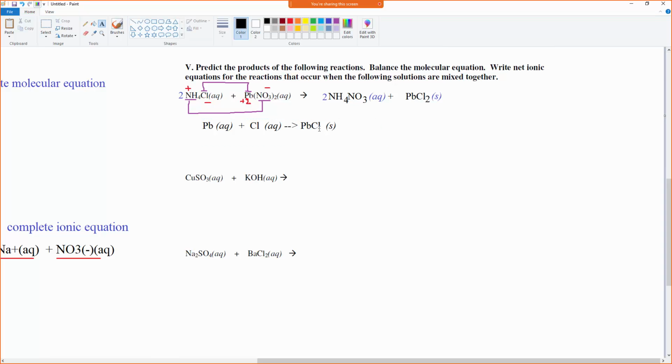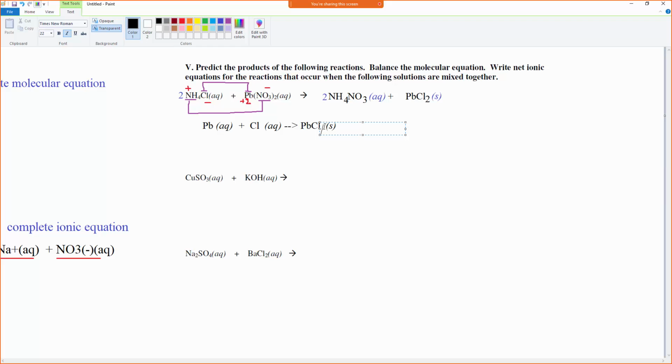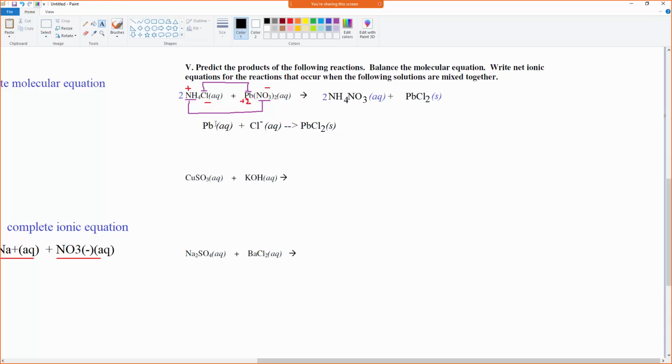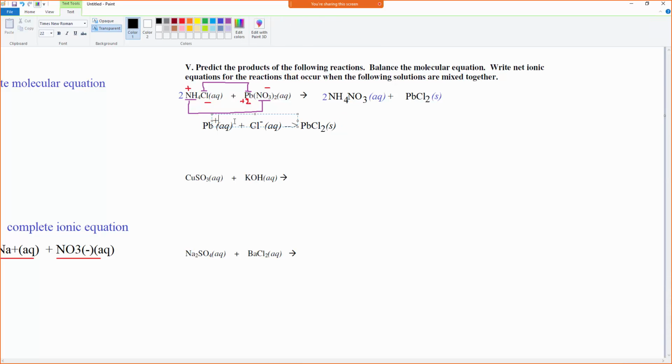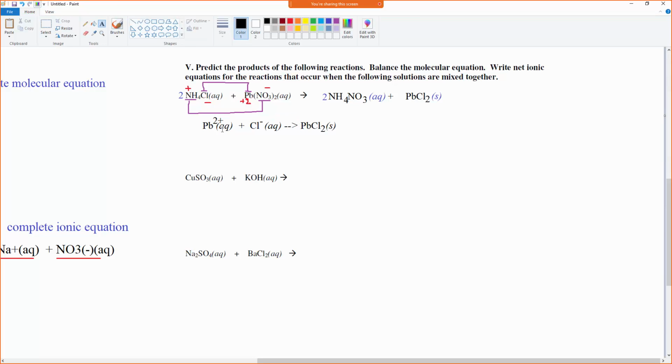Good, and I just left these so I could fill them in, and I just like to put them in the right place. All right, so I've got lead 2 plus aqueous plus chloride minus aqueous goes to form lead 2 chloride, which is solid. That's my net.